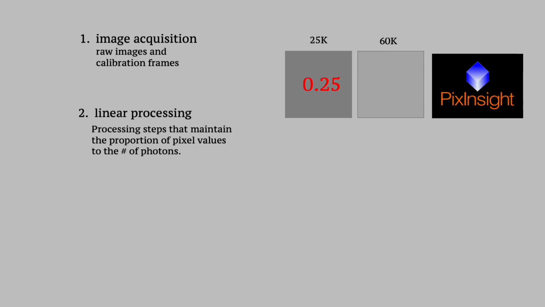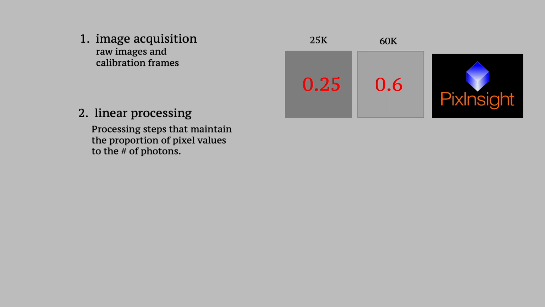Let's say that the photosite that received 25,000 photons is interpreted by PixInsight as a pixel ranked at 0.25, somewhere between 0 and 1. That would mean that the pixel value for the photosite that received 60,000 photons would be 0.6. This maintains the proportion of pixel value to the number of photons that originally hit the photosite in the chip.